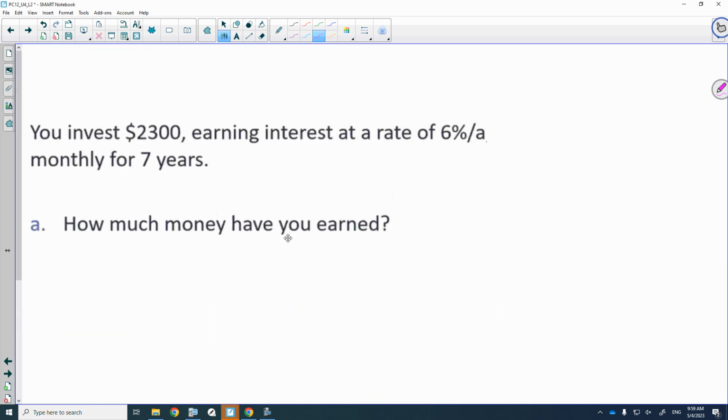Okay, so let's figure out a couple of things here. 2,300, that is our initial investment, or our principal. Okay, 6% is our rate. So our rate is 0.06.